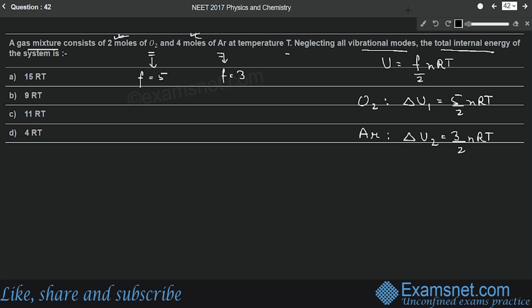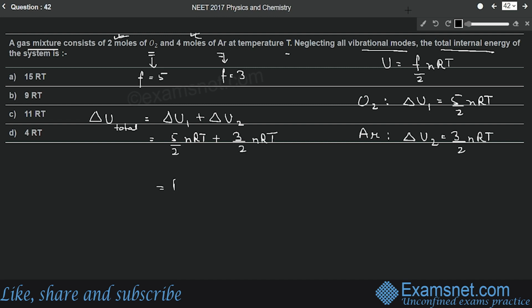And we have to find out the total internal energy. So the total internal energy of the system will be equal to the internal energy of the oxygen ΔU1 plus the internal energy of the argon ΔU2. For oxygen the internal energy was 5 by 2 nRT, and for argon it was 3 by 2 nRT.